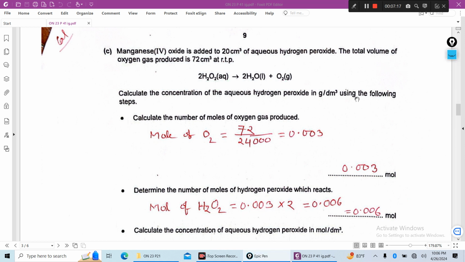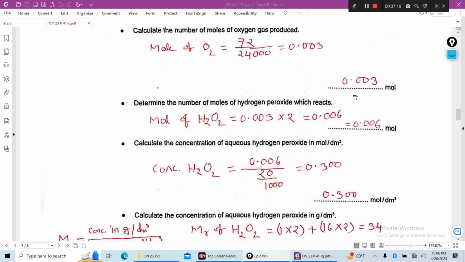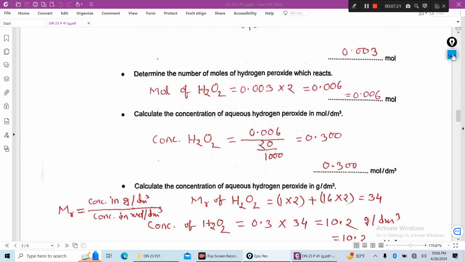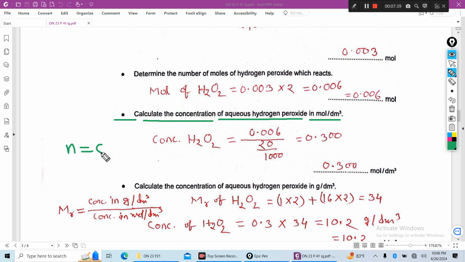Then next, calculate the concentration of aqueous hydrogen peroxide in mol per dm³. And you know, number of moles n equals C times V, concentration times volume. So concentration equals n by V, number of moles divided by volume.